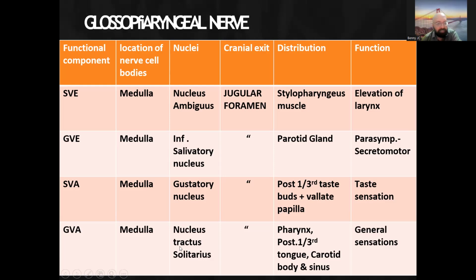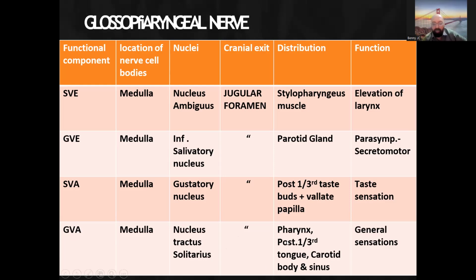The general sensations from the pharynx as well as the posterior one third of the tongue are carried through the nucleus tractus solitarius. Very importantly, general sensation fibers also come from the carotid body and carotid sinus.